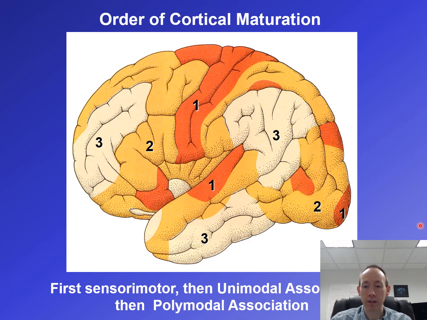The areas highlighted in 1, our primary motor and sensory cortex, tend to be relatively unaffected by age. So if there are changes in those areas, it could be due to some neurodegenerative process or some other damage, although that's not always the case.